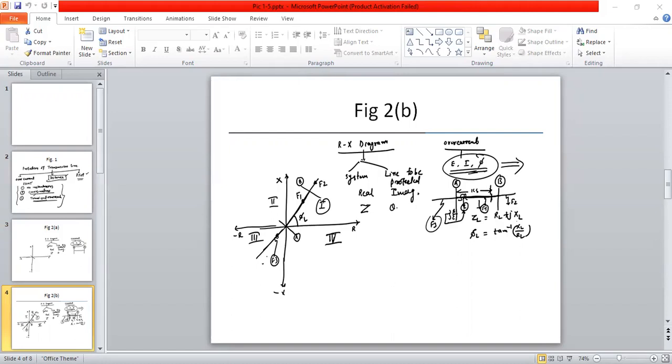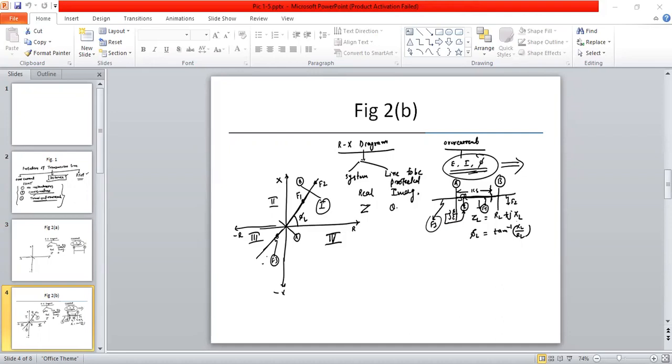So the first zone of the relay R1 will reach up to 80% of line section 1. Let us talk about R1 only. The distance relay basically has three zones, known as the zones of the distance relay.